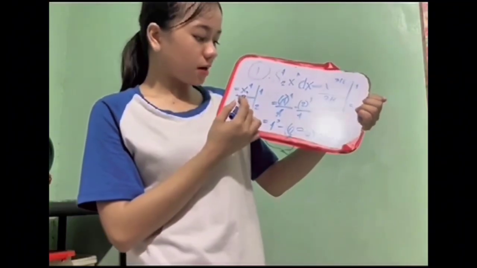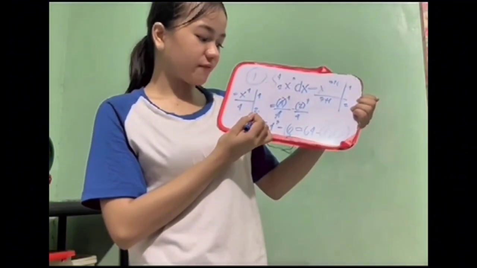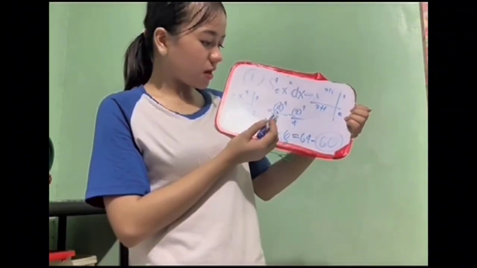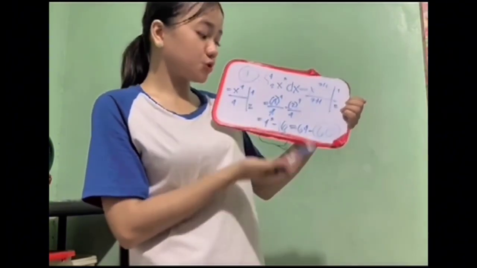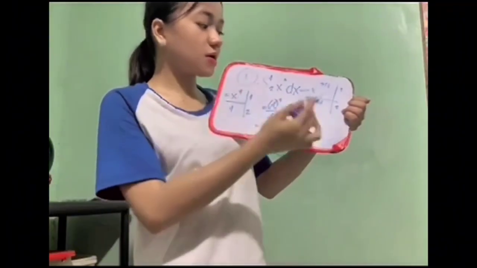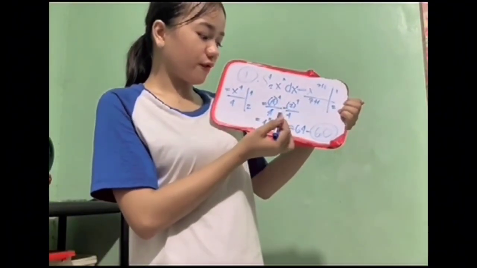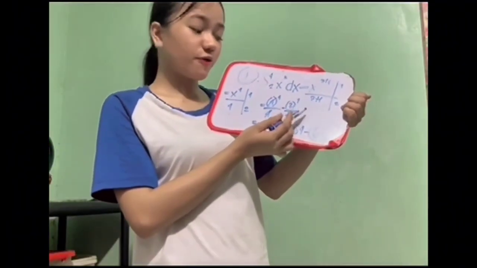So it will become x raised to 4 over 4 evaluated from 2 to 4. After this, we will substitute the evaluated numbers for x. So we have 4 raised to 4 over 4, minus 2 raised to 4 over 4.